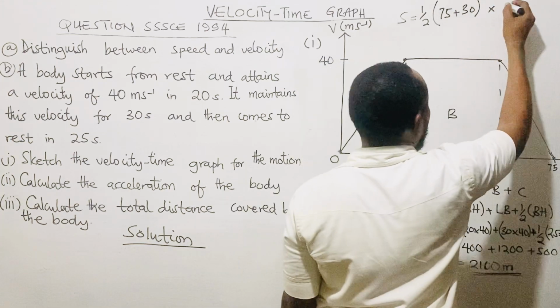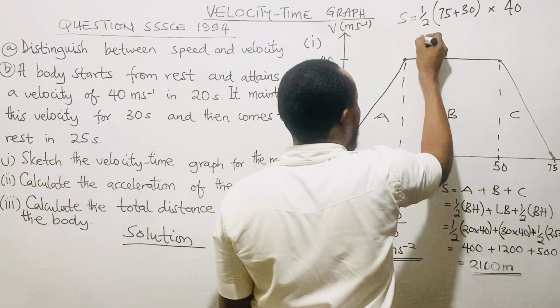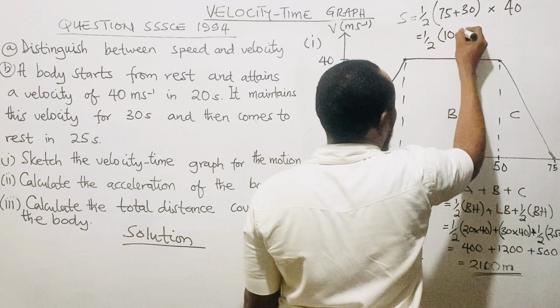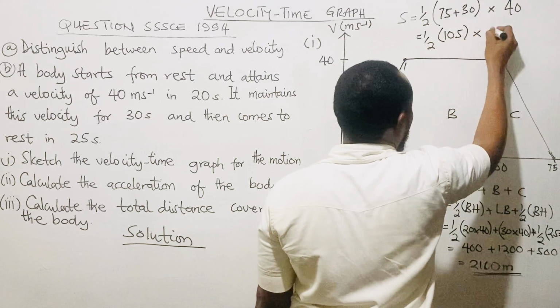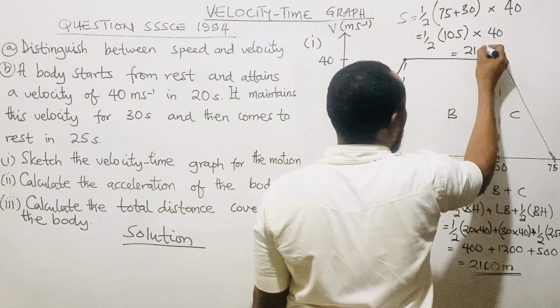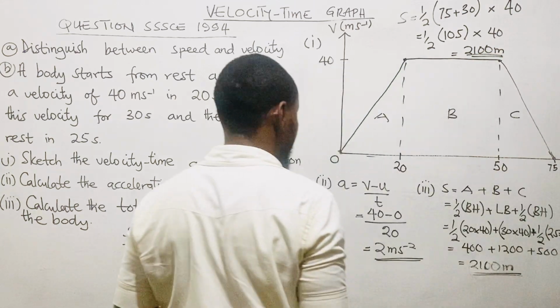Times my height, which is 40. So this gives me 105, so this gives me 2100. Okay, so we are right.